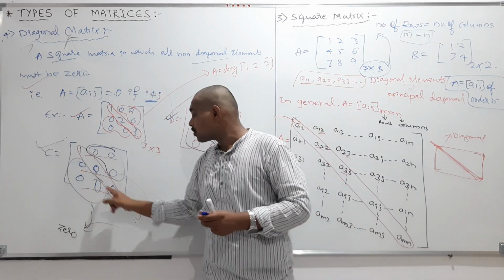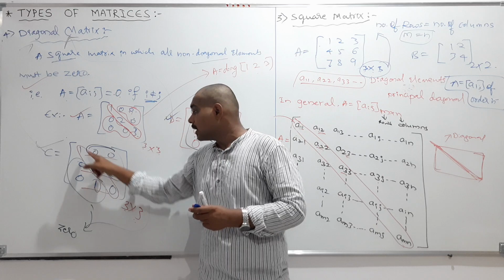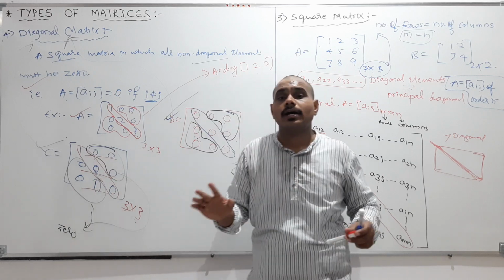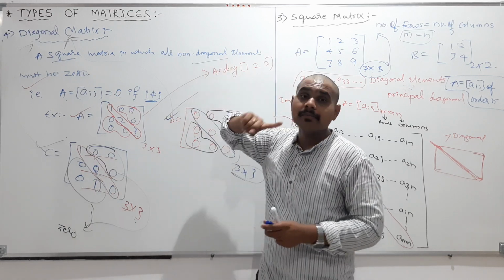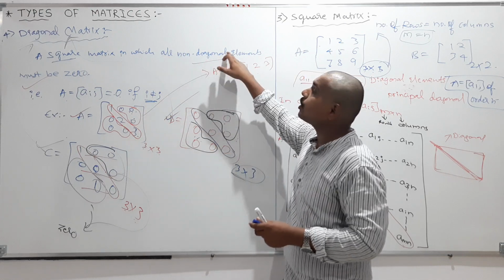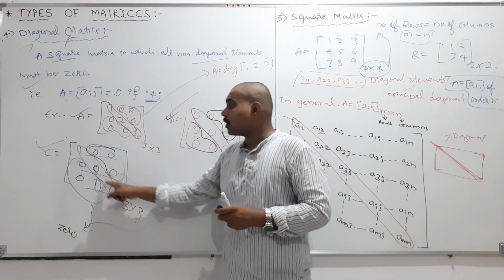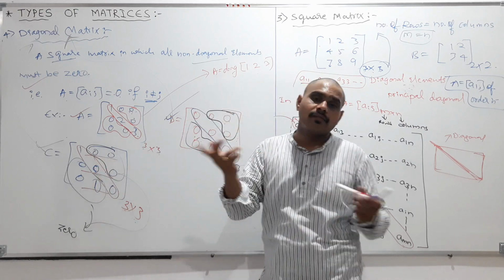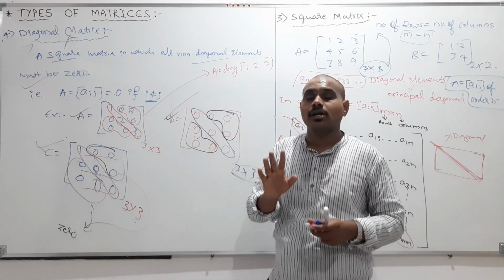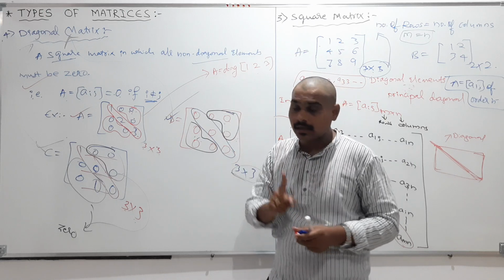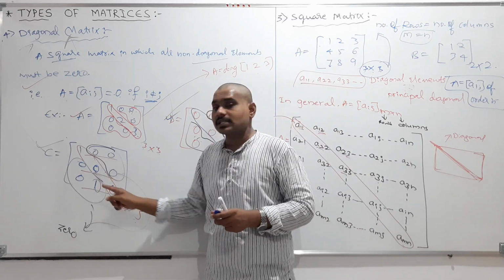Don't bother about the principal diagonal elements, because I never talked about the diagonal elements. My only condition is that all non-diagonal elements must be 0. I am not discussing whether the diagonal elements are 0, 1, or whatever. My given condition is only whether the non-diagonal elements are 0 or not.